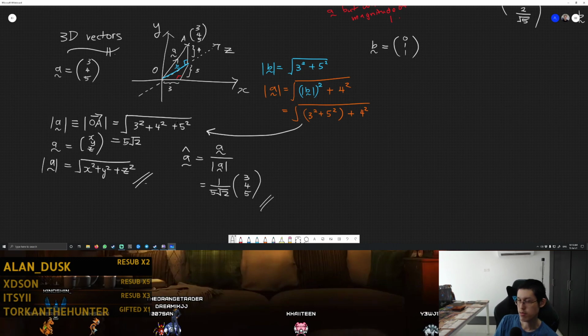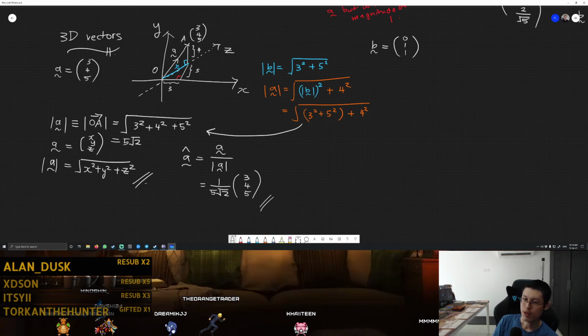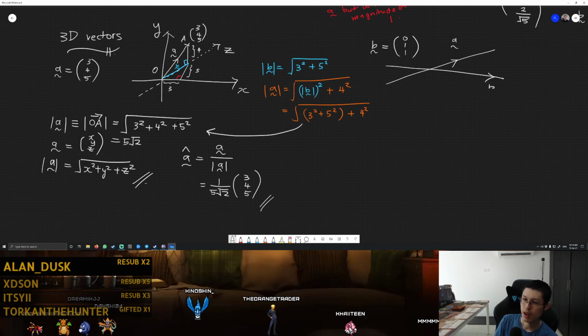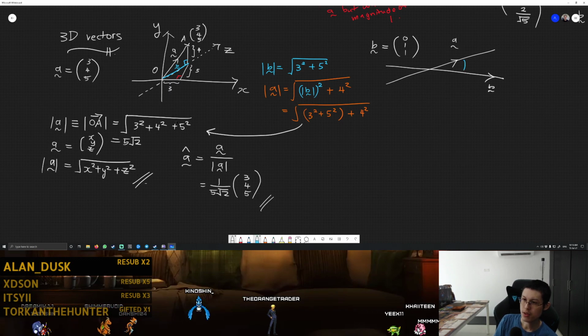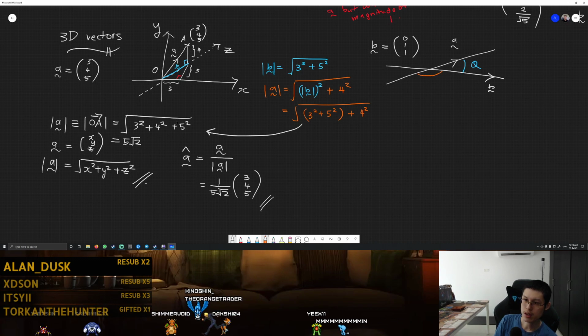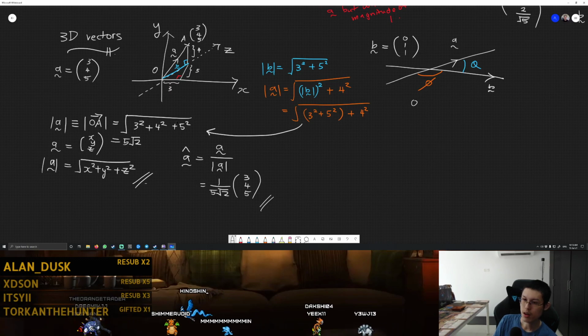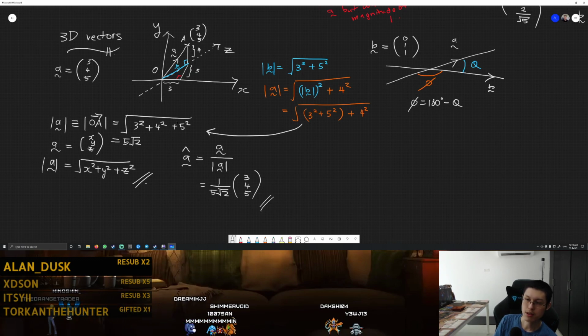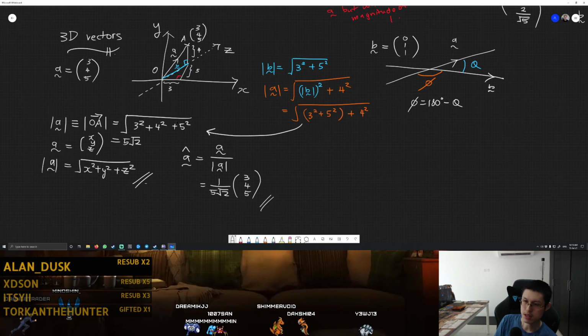So remember, this is something that I have to draw your attention to. If I have two vectors A and B, and I take the dot product of these two vectors, I will always find this angle here. But if the question wants you to find this angle, phi, phi is actually 180 degrees minus theta. So whatever angle you get from the dot product, it's going to be the angle that is sandwiched by the two vectors.